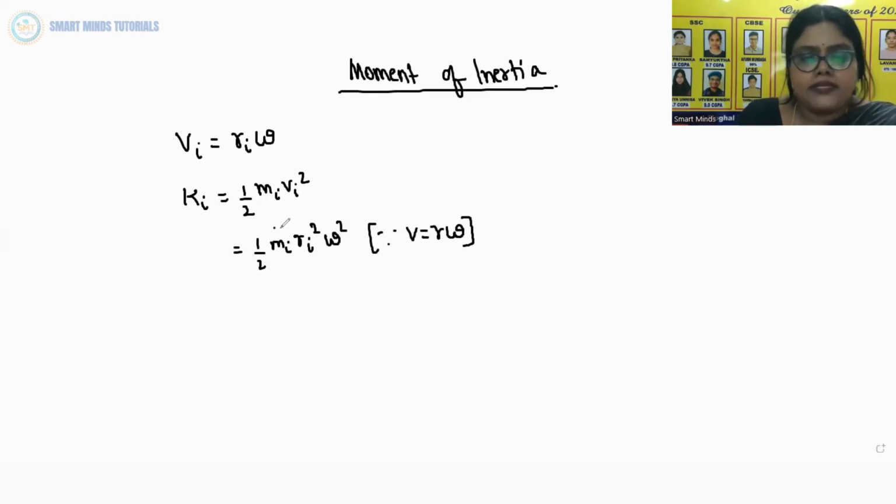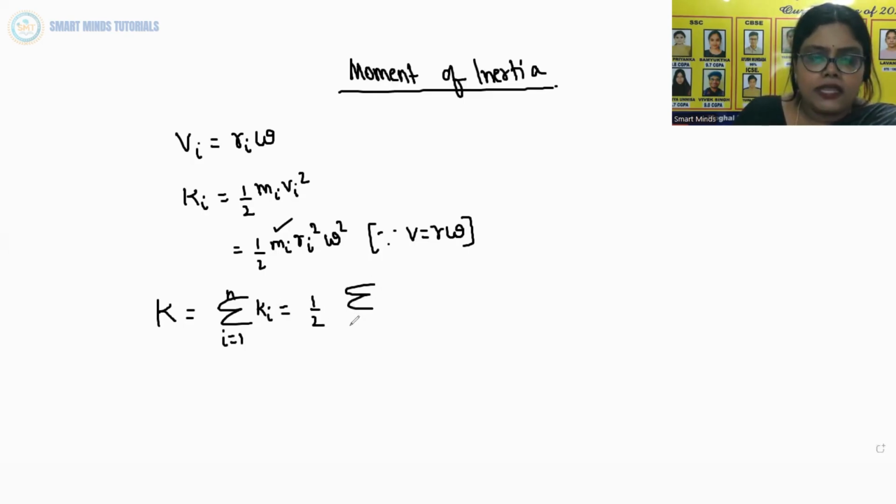where mi is the mass of the particle, and the total kinetic energy K of the body is given by the sum of the kinetic energies of individual particles. So how can we write K? K is equal to the sum of all kinetic energies, that is, the sum from i equal to 1 to n of Ki, which is equal to half sigma i equal to 1 to n mi Ri square omega square.